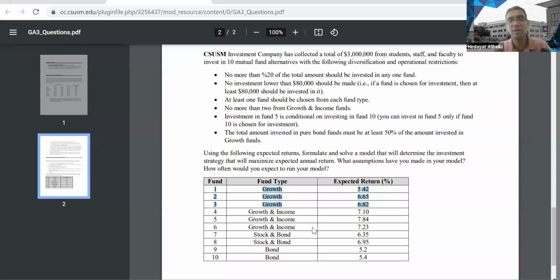Does that make sense? So for fund one, you need to make two decisions. First, whether or not I'm going to invest in this. Second, if yes, how much I'm going to invest in this.